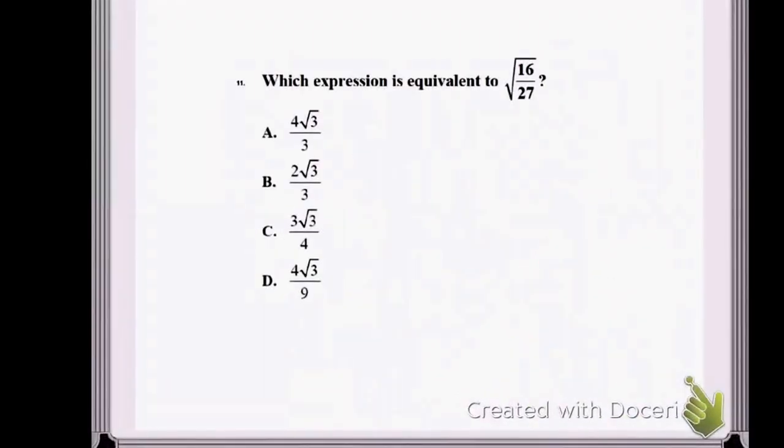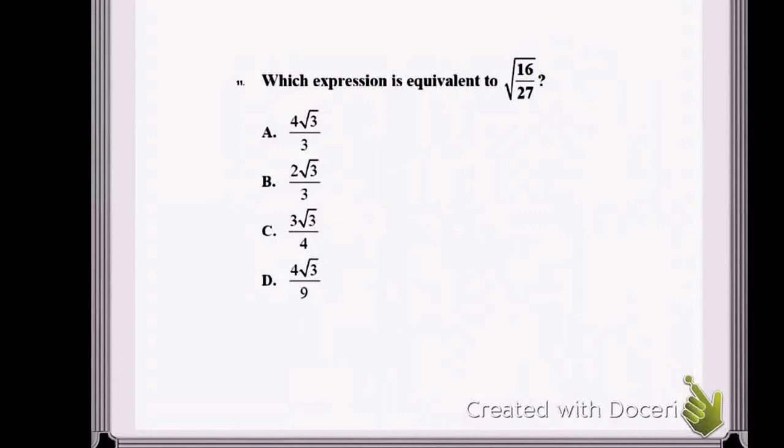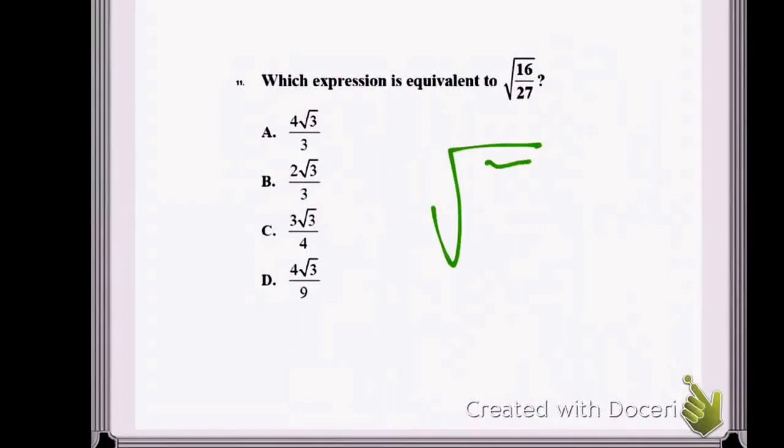On this problem, which expression is equivalent to, the easiest way to do that is put that simply in your calculator. So if you press the square root button and make sure you hit your fraction button. If you put that in your calculator, it's going to give you the answer.